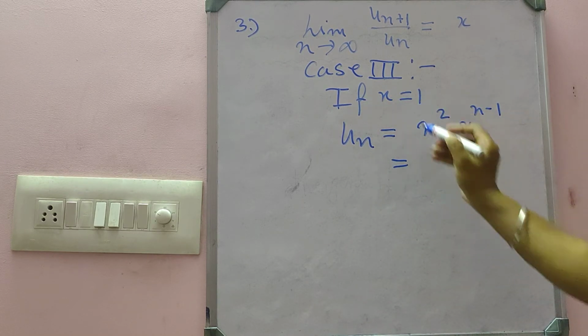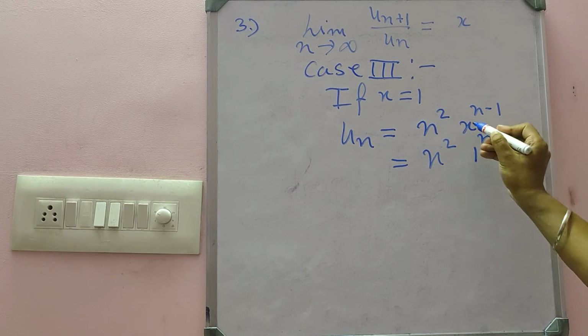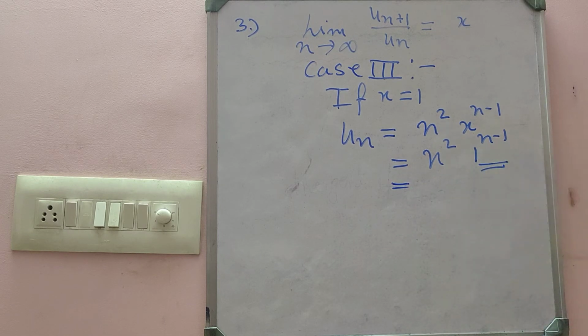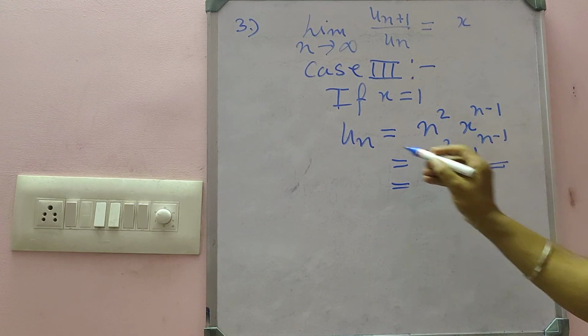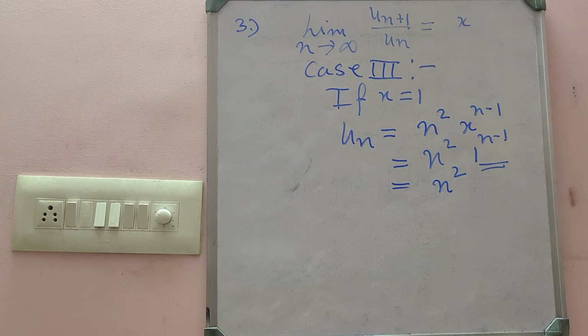If x is 1, it becomes n square 1 power n minus 1. This part, 1 to the power any value, is always 1. So it means your un is just n square. For x equal to 1, un is n square.